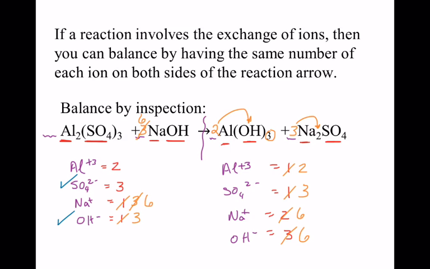If I update my hydroxides, it's not 3, it's 6. So, I don't know. It's kind of like playing one of those games where things just kind of finally fall into place. So if I go with a coefficient of 1, 6, 2, and 3, that works. Yay!